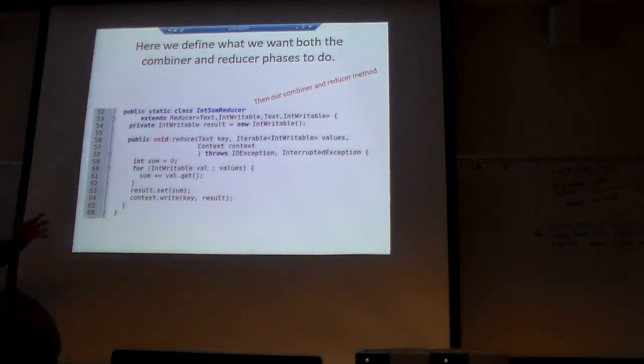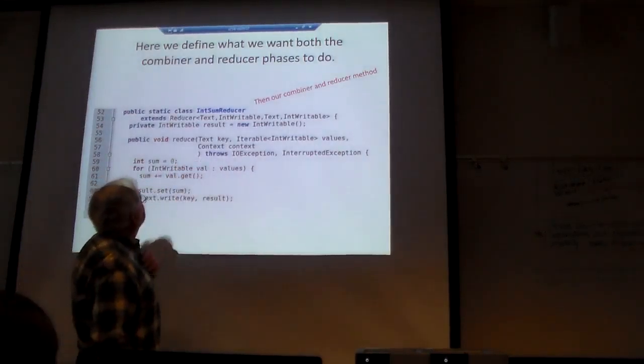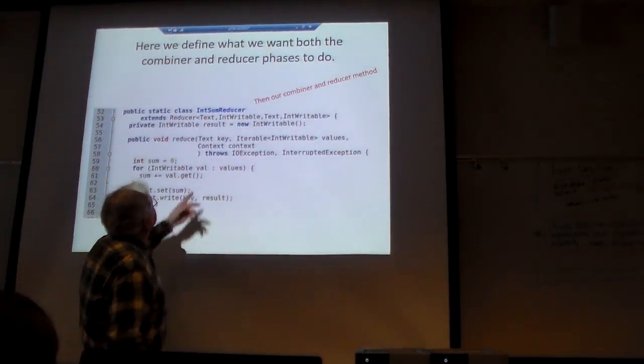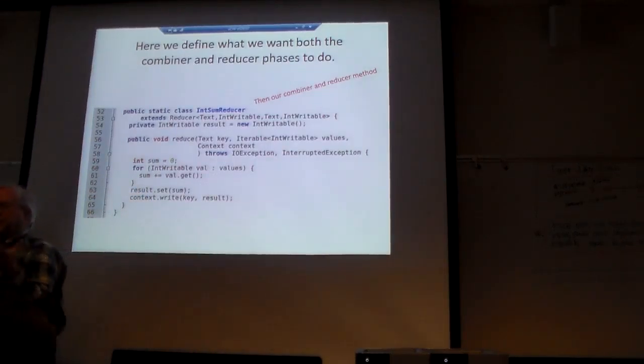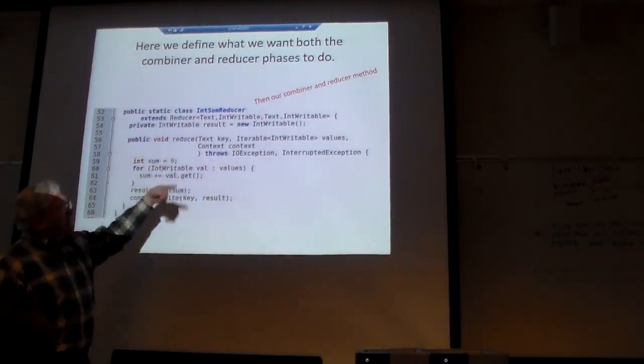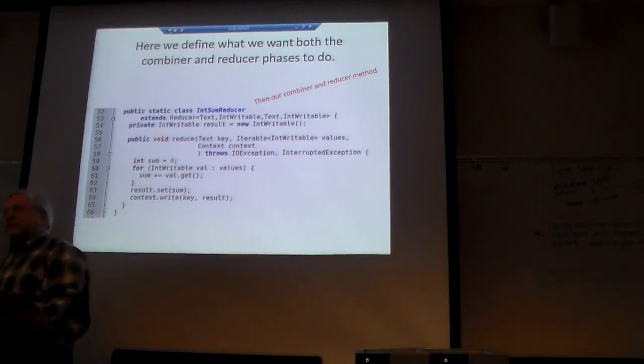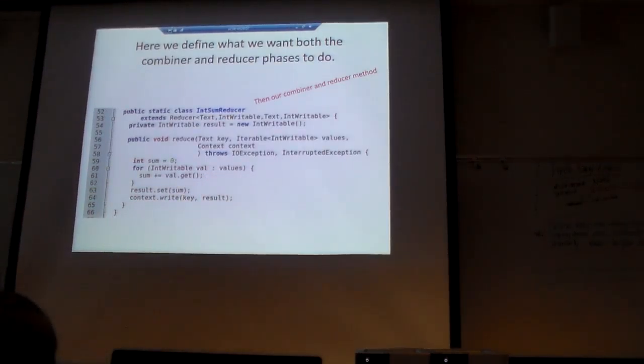So we have to define this class, our reducer class, and it's inheriting from the Hadoop reducer class. So by inheriting, we have all the built-in methods that the Hadoop reducer has.